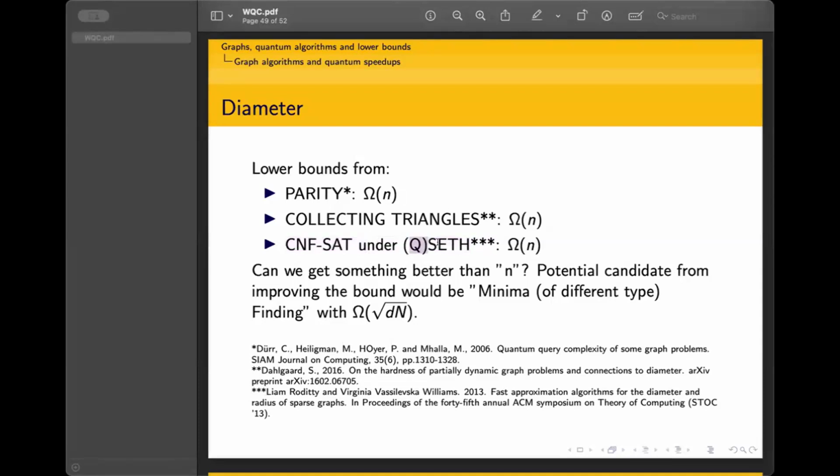We tried this under the quantum strong exponential time hypothesis, which is the quantum version of the classical one. But although they were promising, we were expecting to get a better lower bound. They all gave this expected, obvious omega n bound. And yeah, the big question is, can you get a better bound?